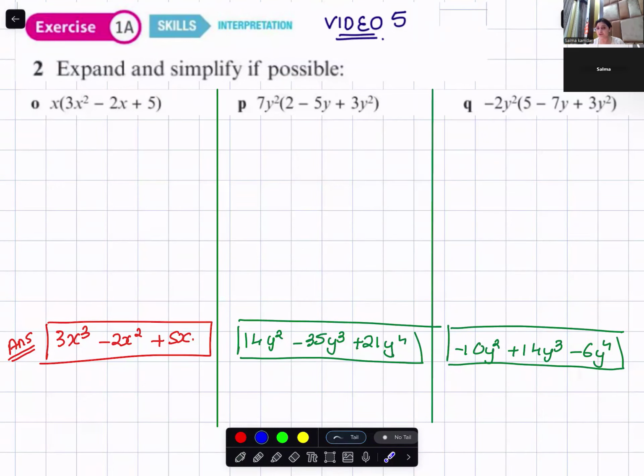But here you need to be very careful because all the signs inside would change. This would become minus, this would become plus, and this would become minus because you have a minus sign outside. You need to solve it yourself, and this is the answer for it.